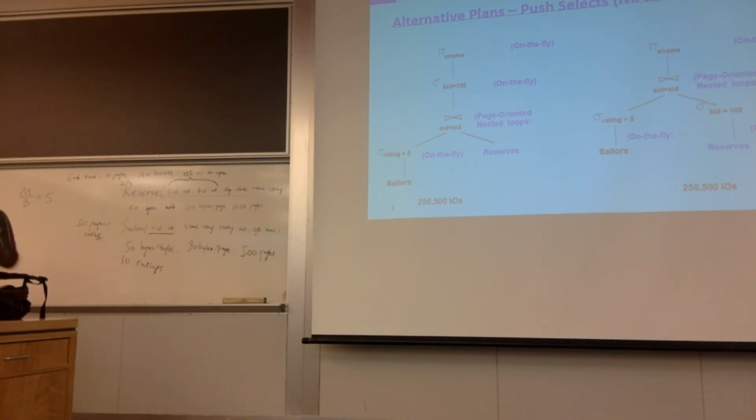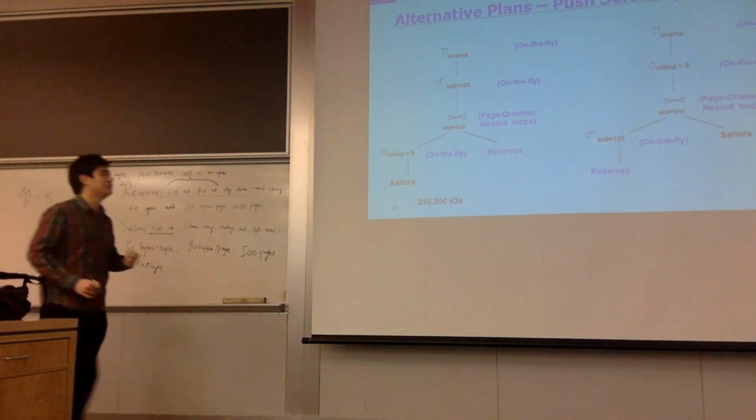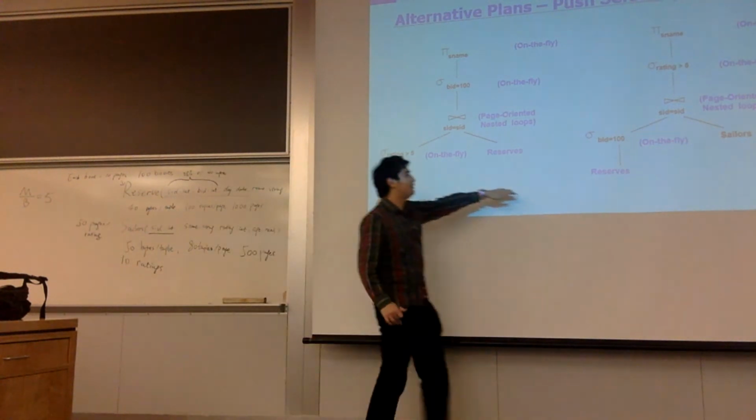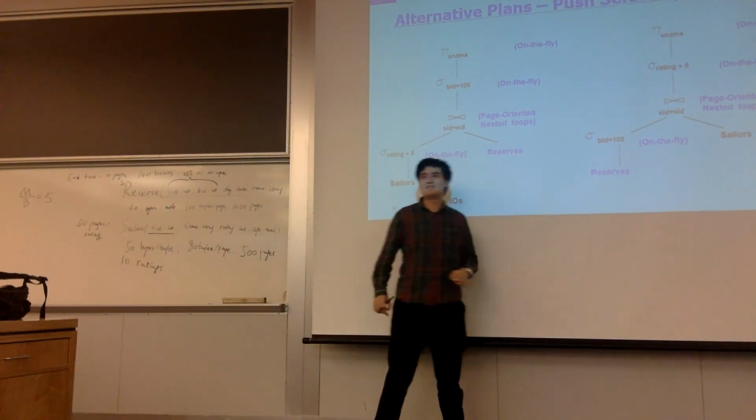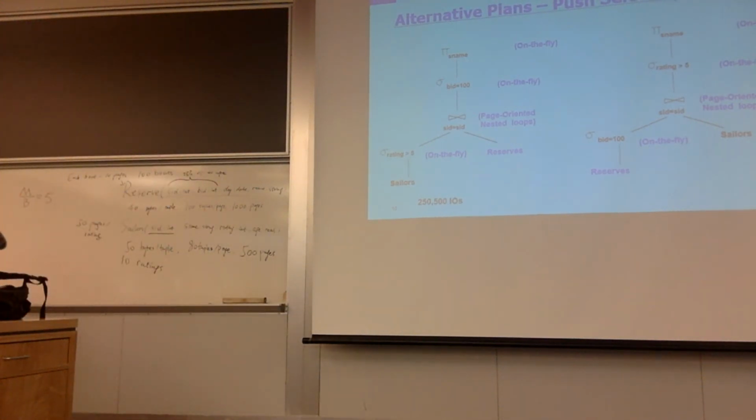Following your idea, if you swap the two relations, so you use Reserves as the outer and Sailors as the inner, and you also push down the selection predicate for Reserves, what's the number of IOs? Okay, let's do some calculation. You have 1,000 pages to scan in Reserves, but how many pages do you have in the end? It's only going to be 10 pages, right?